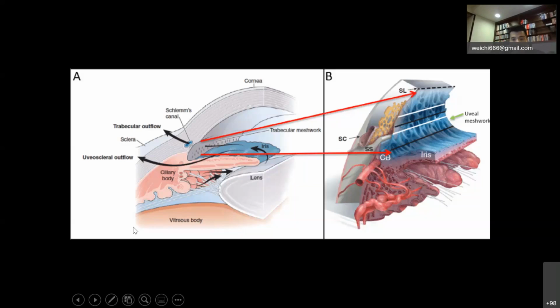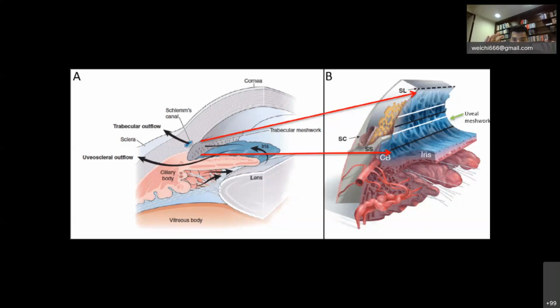So when would you see a rise in the intraocular pressure? So this is a drainage system in the eye. If there is a blockage of the drainage system in the eye, then the aqueous could not move out of the eye. Then the pressure will build up in the eye.